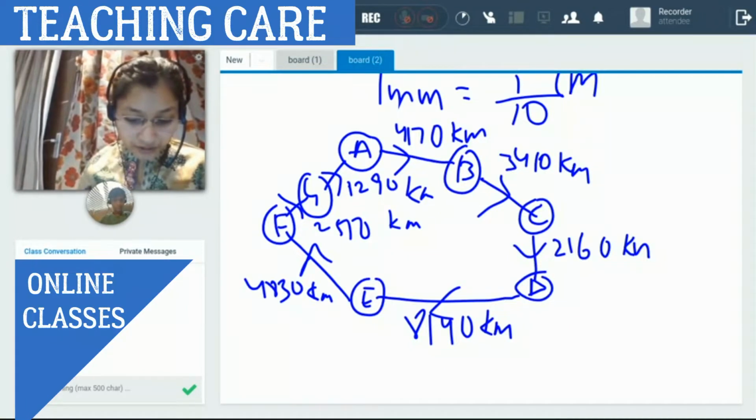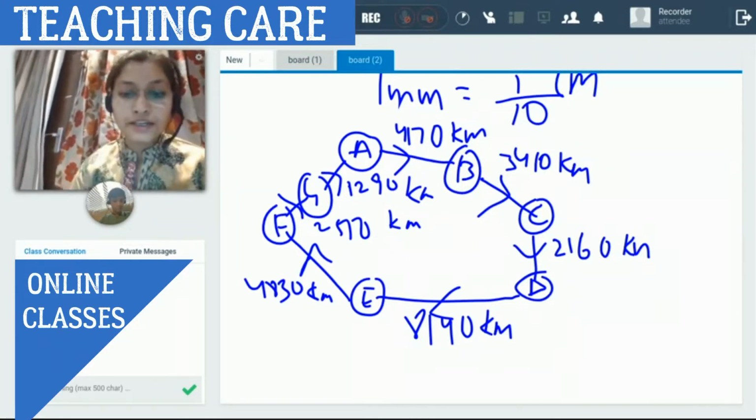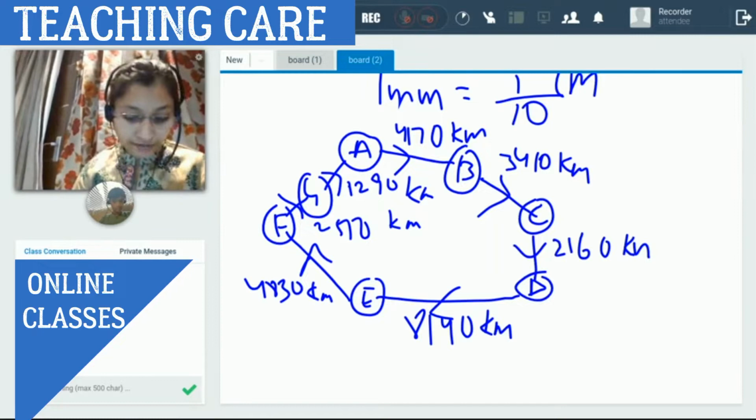First part is: find the total distance covered by the bus from A to D. How will we do that?